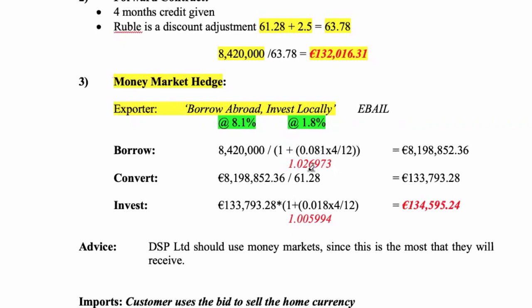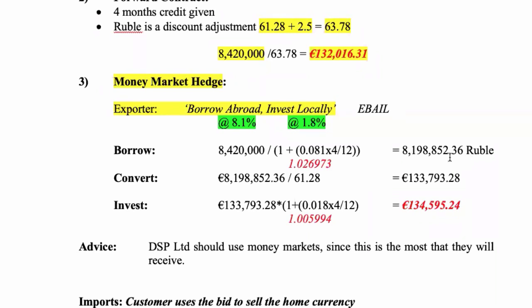That's why you have this red figure here, 1.026973, representing this. And we're going to divide that into your 8.42 million, which means that this here is not euro, this here is ruble. This is what we have left once we borrow the 8.42 million ruble.